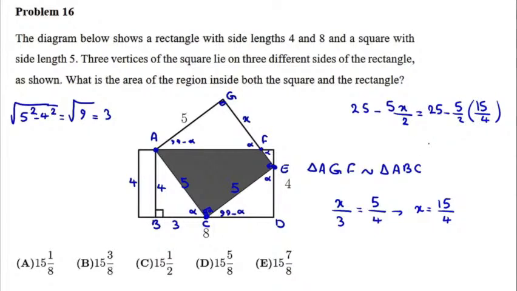If we calculate this, it will be 25 minus 75 over 8. If we simplify this, 200 minus 75 is 125 all over 8. 120 over 8 is 15, so it is 15 and 5 over 8, and the answer is D.